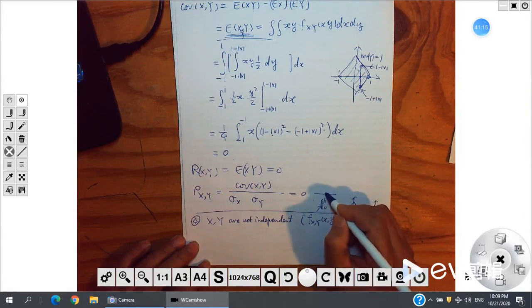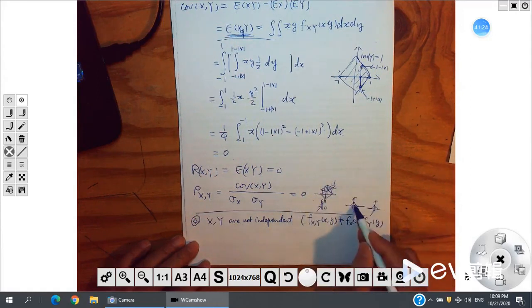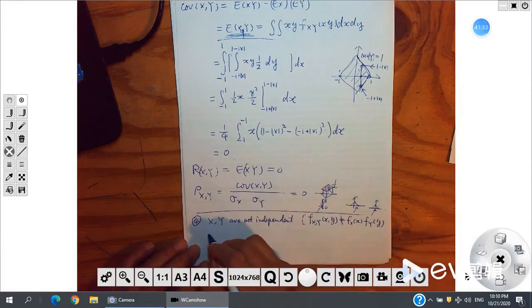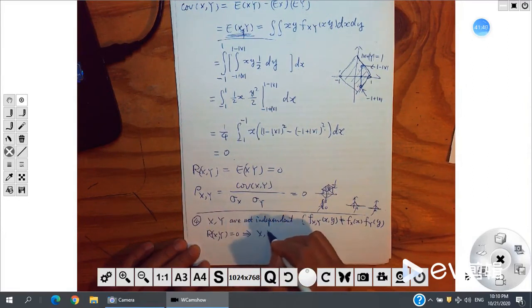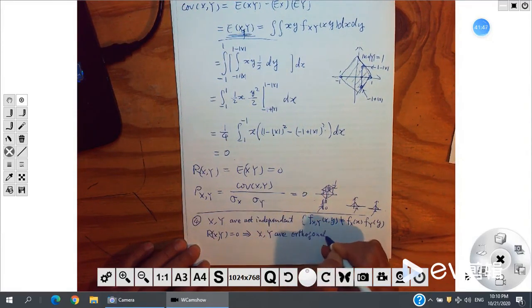In this area, it will be a constant, right? You have a constant k, a constant 1/2. So you multiply these two, you cannot get that one. So they are different, so they are not independent, right? And then we have R_xy equal to 0, so x and y are orthogonal.